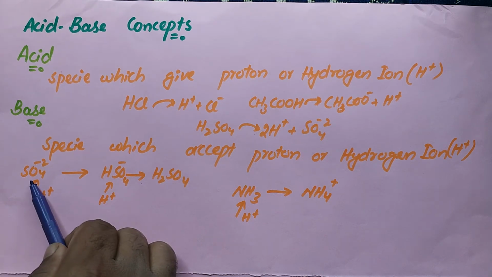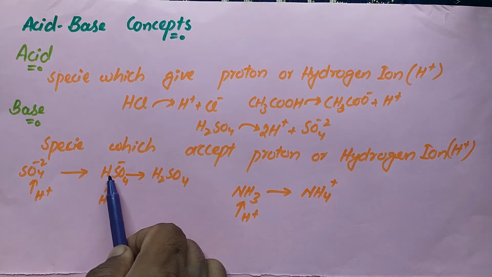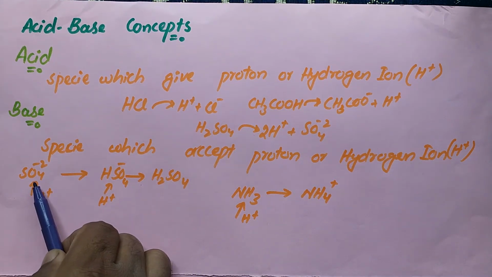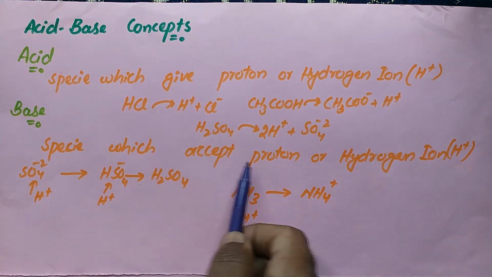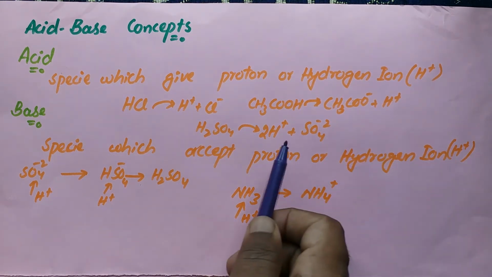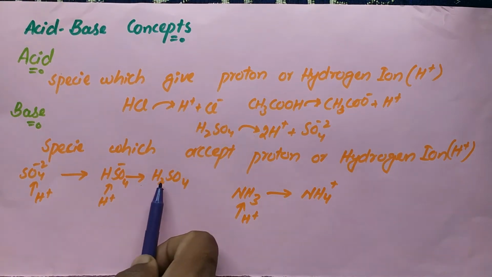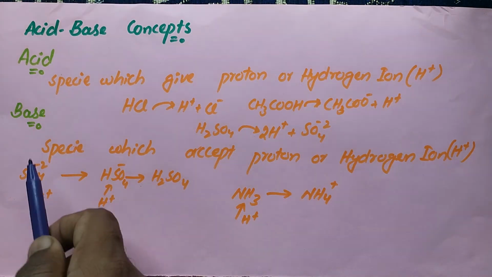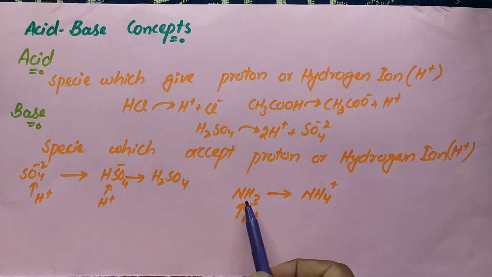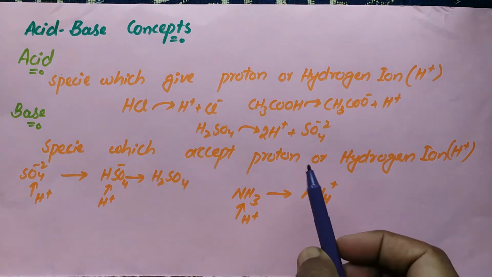For example, SO4 negative 2 accepts one proton, then it becomes HSO4 negative, so it is acting as base, because it is accepting a proton or hydrogen ion, H positive ion. Then HSO4 negative ion also accepts a proton and becomes H2SO4, so it is also acting as base. For example, NH3 accepts a proton, then it becomes NH4 positive, so it is also acting as base.